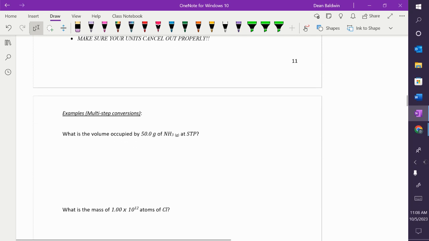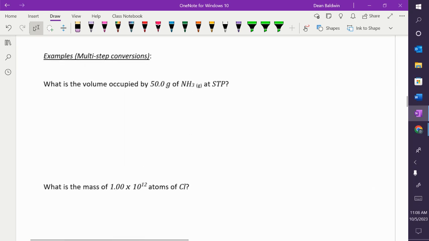All right. So if we have 50 grams of ammonia, NH3 at STP, and remember, please put your units and especially put the chemical that you're dealing with.